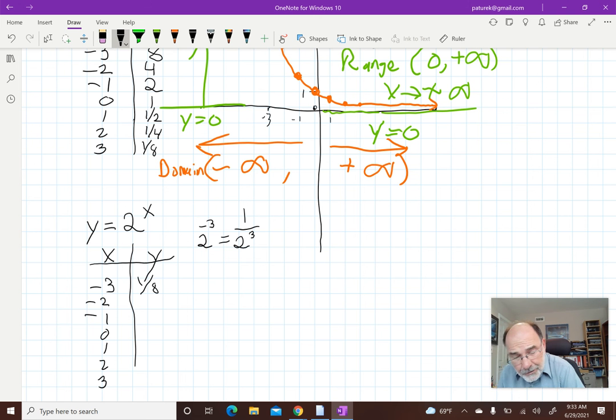When x is equal to -2, this is 1/4. When x is equal to -1, this is 1/2. When x is equal to 0, 2 to the 0 power is 1. When x is equal to 1, 2 to the first power is 2. 2 to the second power is 4. 2 to the third power is 8.